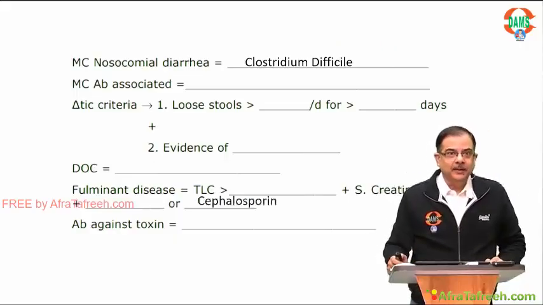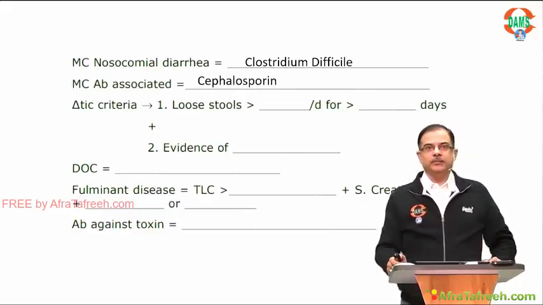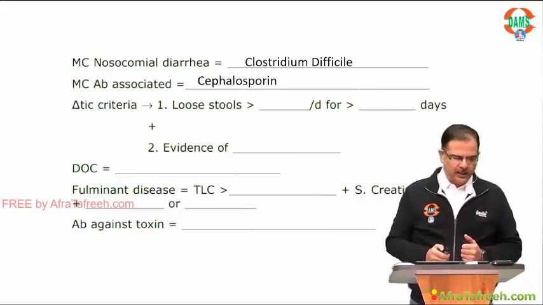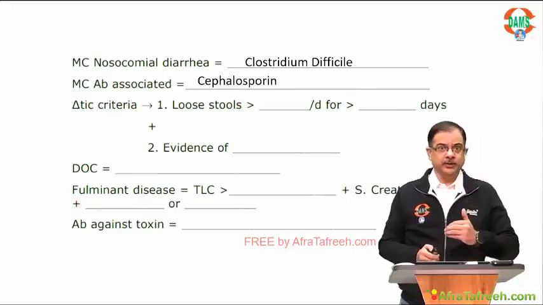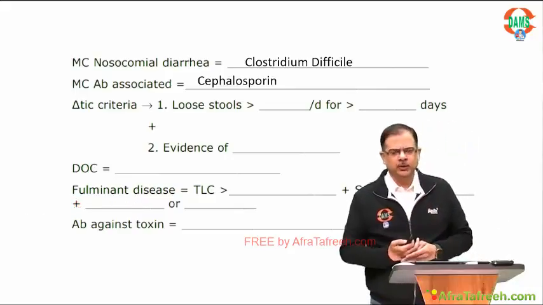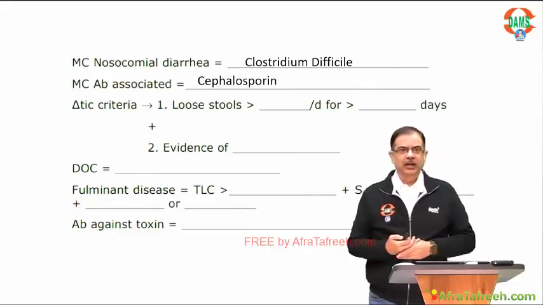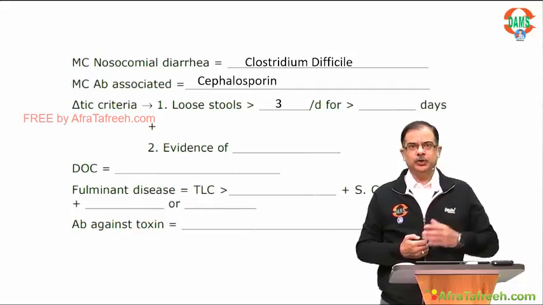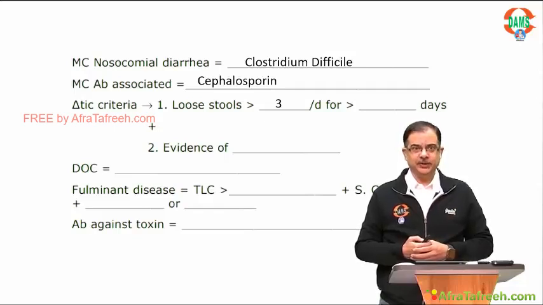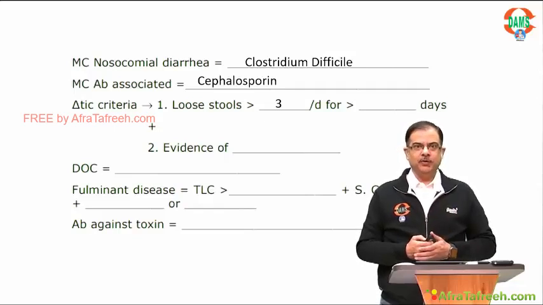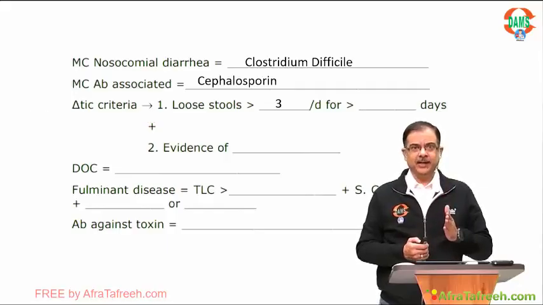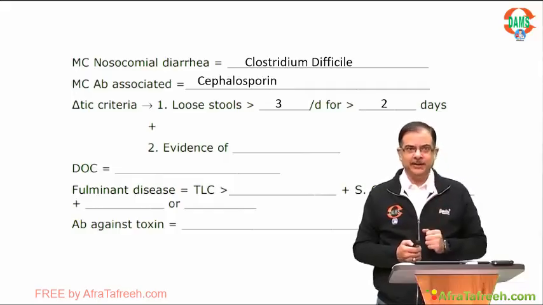Then the most common antibiotic associated with Clostridium difficile is cephalosporin, because it is used very frequently. For diagnostic criteria, there should be clinical plus investigation. Clinical criteria: loose stools 3 times in a day, present for more than 2 days, as the minimum criteria.